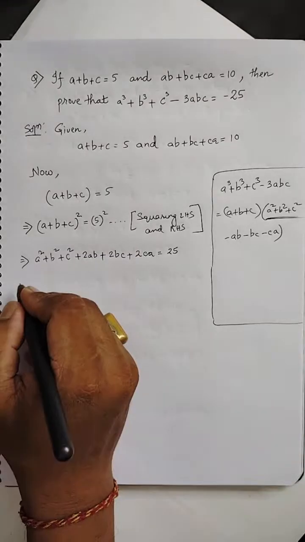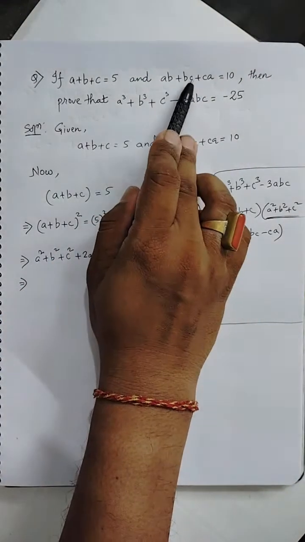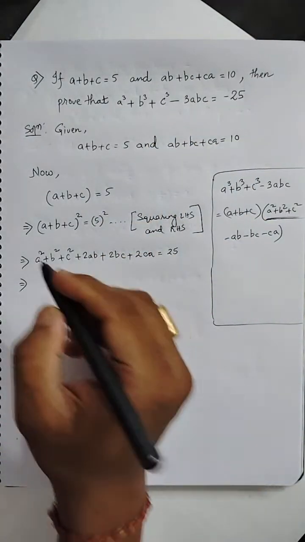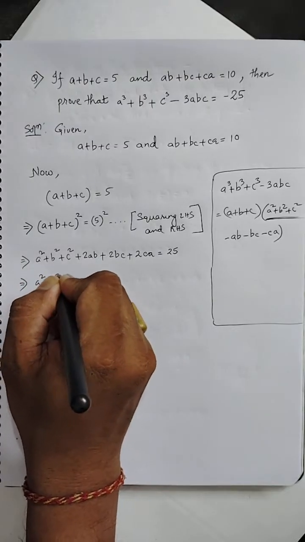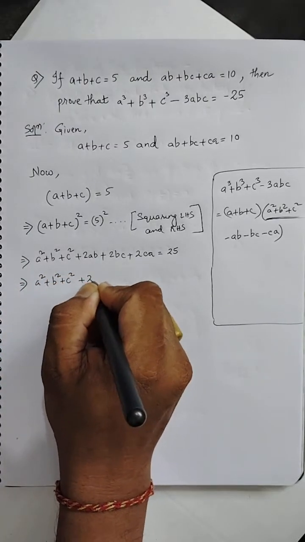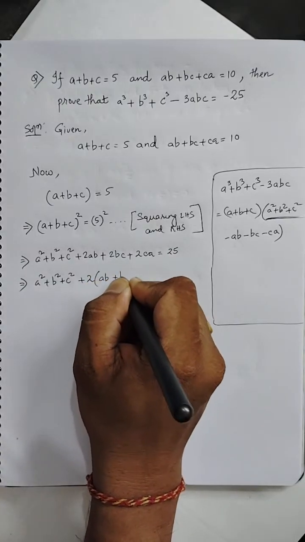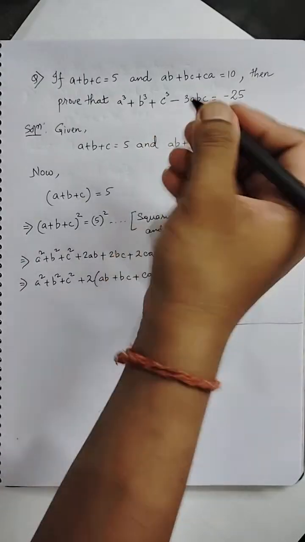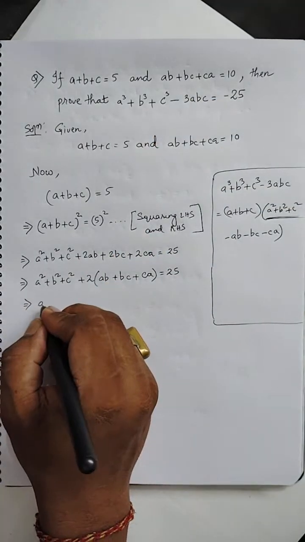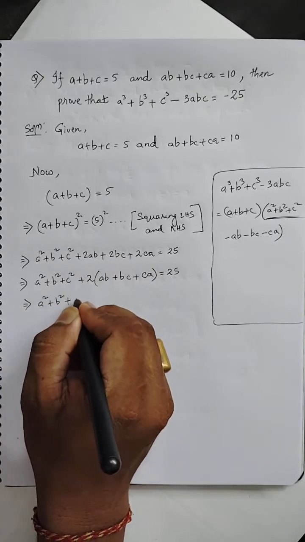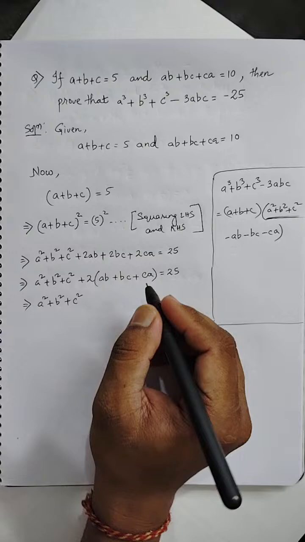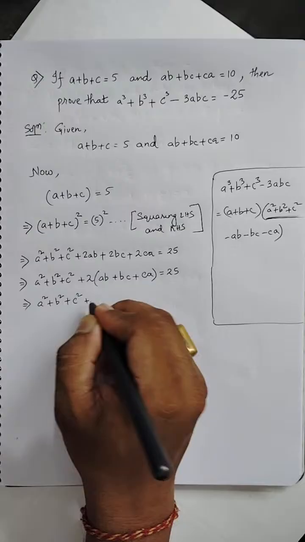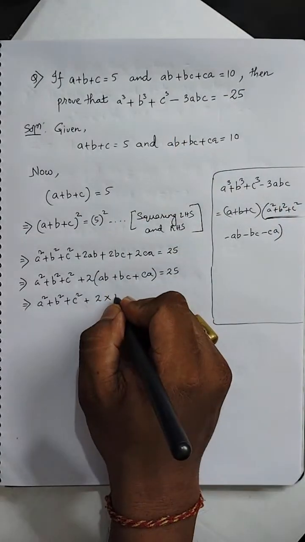Alright, now we have ab plus bc plus ca equal to 10, right? And here if we look at 2ab, 2bc and 2ca, we will take 2 as a common factor and write 2 into ab plus bc plus ca which is equal to 25, and then we will put the value here. So a square plus b square plus c square is equal to 25 minus 2 into 10.